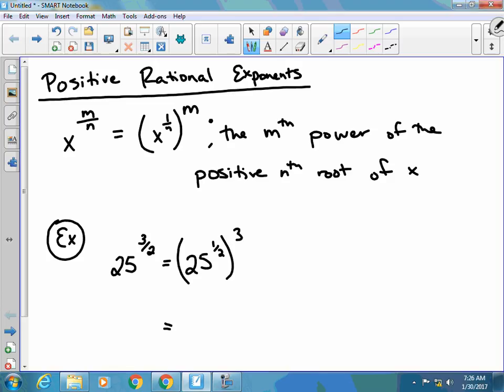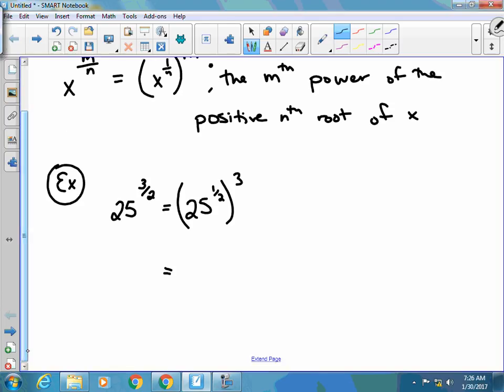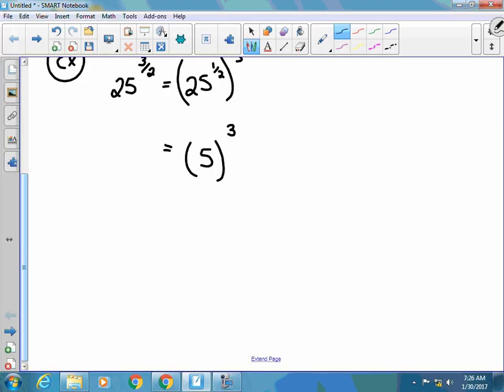Well, looking at this, 25 to the power of 1/2, that's really taking the square root of 25. And we know that the square root of 25 is 5. So now we just have 5 to the power of 3. Well, 5 to the power of 3 is 125.